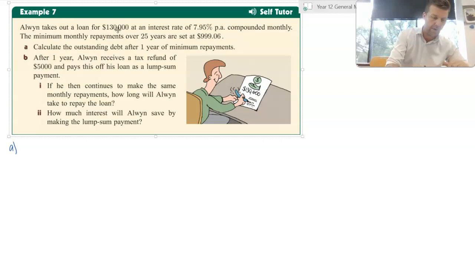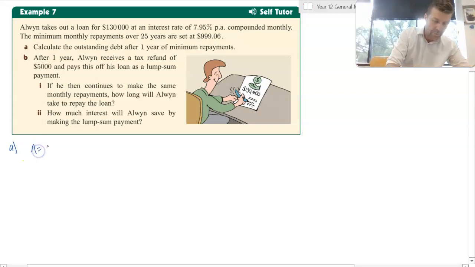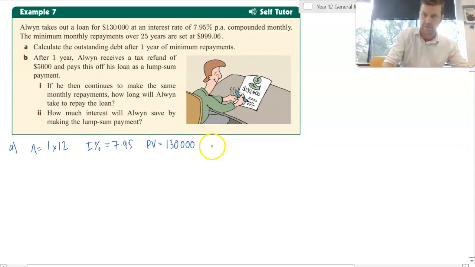Here's how we work it out. On a graphics calculator, N will be equal to 1 times 12, or just 12, because for 1 year, every month we're making the payments. The interest rate is going to be equal to 7.95% in this case. My present value is the principal, the amount we borrow. Again, when we borrow, it's a positive amount, so $130,000 in the positive.